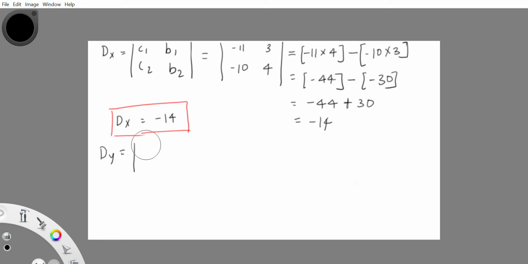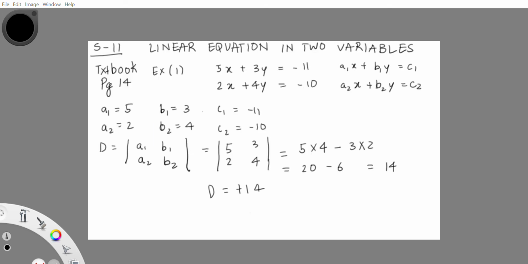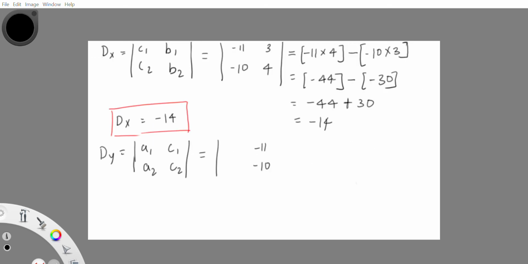I have a1, a2, c1, c2. My c1, c2 values are minus 11, minus 10, and my a1, a2 values are 5 and 2. So here I have 5, here I have 2.